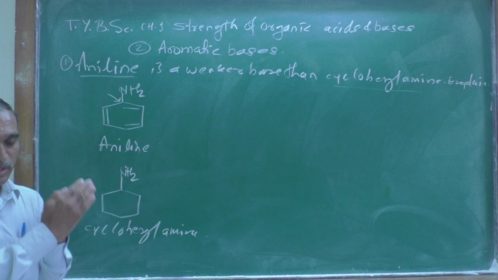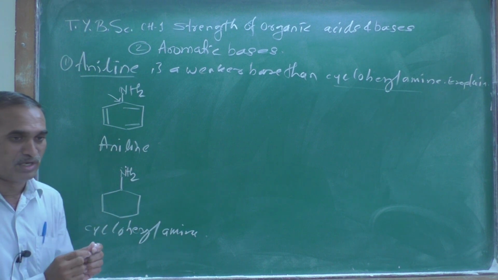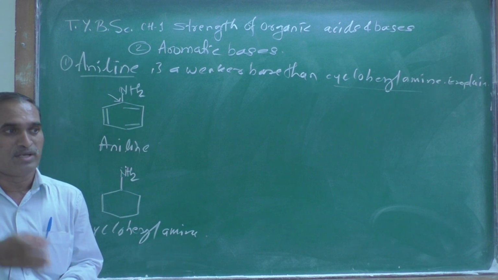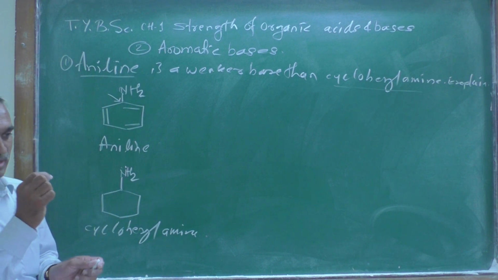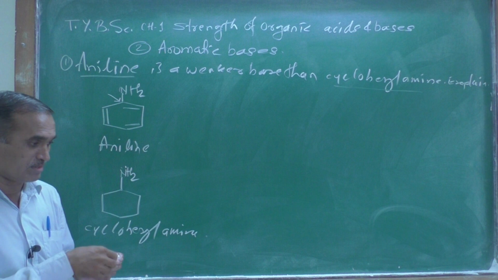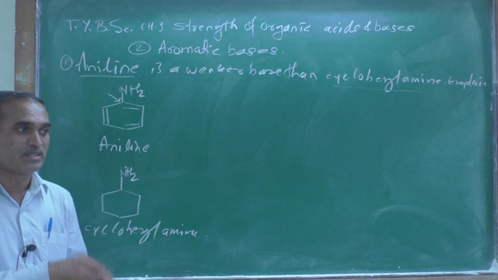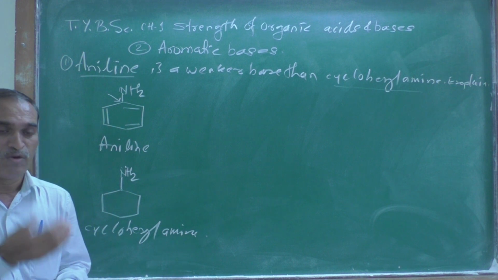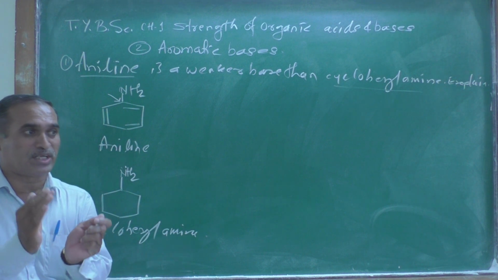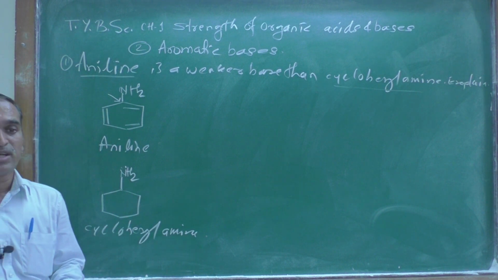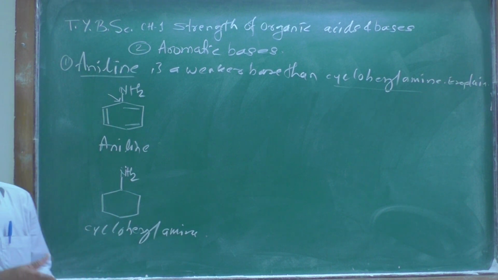Let me repeat it again. First one, the availability of the lone pair. Second one, the electronegativity of B. Third one, the structural effect of B, fourth one, the stability of the conjugate acid, and fifth one is the nature of the solvent. These are the factors.